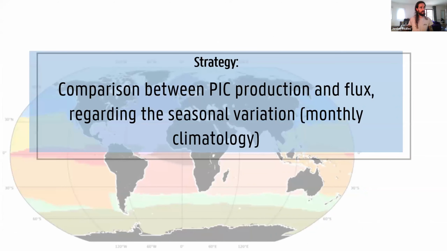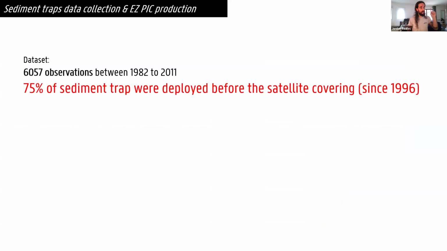My strategy in my work has been to compare PIC production based on my model and the flux regarding the seasonal variation. One big aspect of my work is that even if we have a large dataset collected during 3 decades, only 75% of my sediment trap data were deployed before the satellite coverage, because the first satellite products started in 1996.